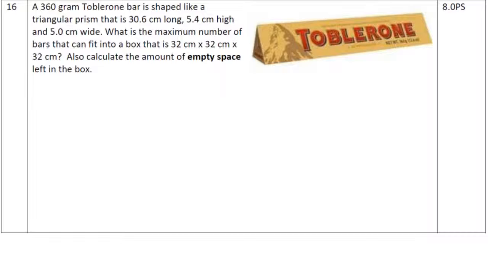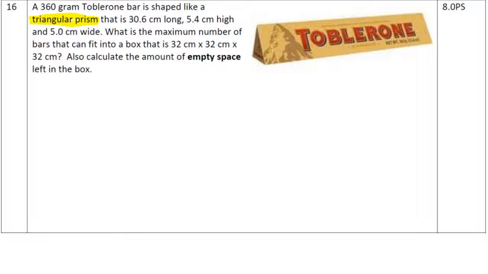Okay, now question 16. This was a bit of a beast, but it's not super difficult. There are parts of this that are really straightforward, but again you've got to think a little bit about what you're being told, and about the stuff that is hopefully in your bound reference that will help you. It's a triangular prism, so this is the shape of the bar.